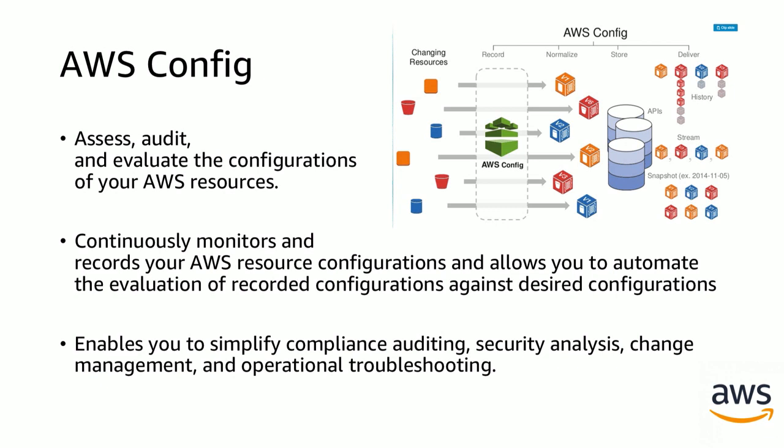Or a configuration specific to your render nodes, etc. And it can monitor if there has been any change, whether programmatically or by a human being or admin or whoever, and what happened to it with respect to the desired configuration. The end result is, A, you get ultimate visibility for each and every single thing that's running within your account, right? But at the same time, it makes the audit process super easy.